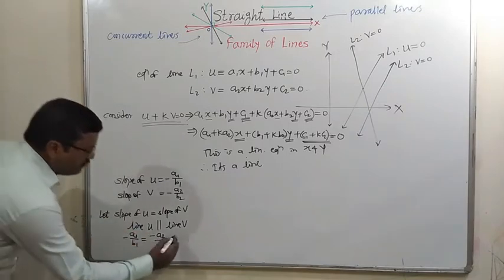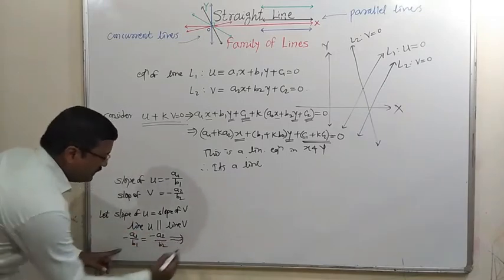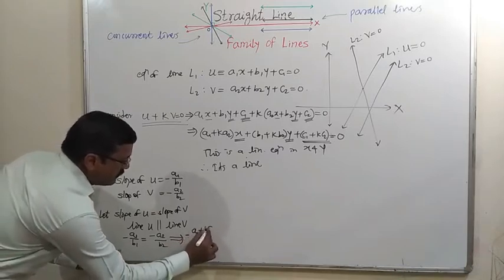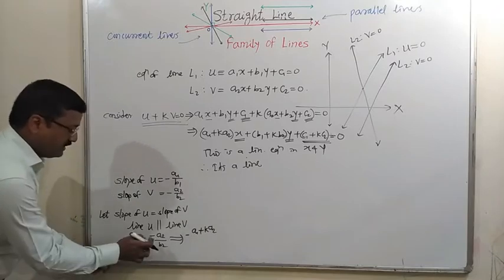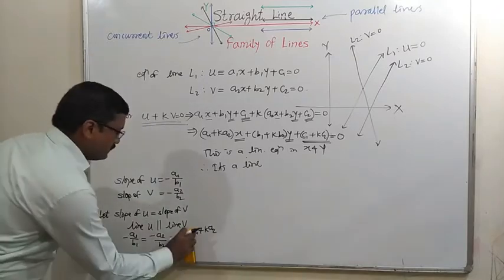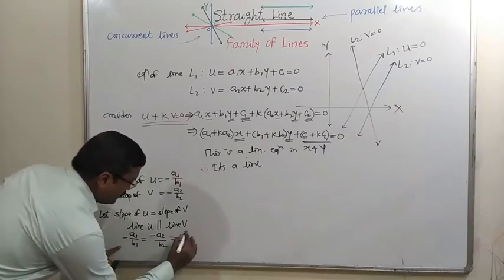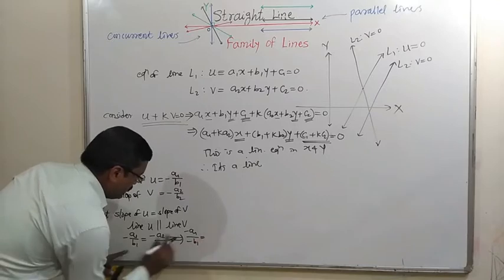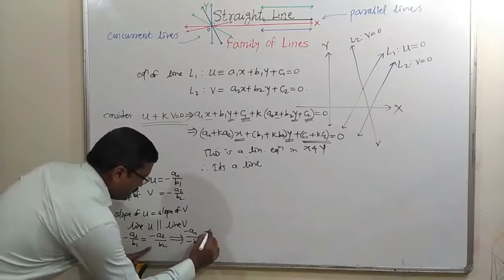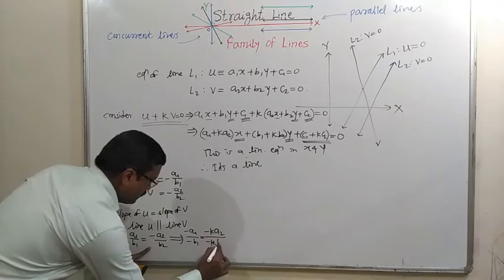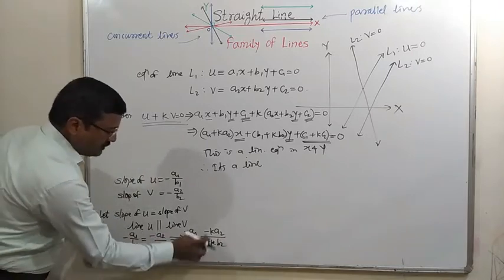So applying the property of equal ratios, we can write this as minus A1 upon minus B1 equal to minus kA2 upon minus kB2, multiplying numerator and denominator by k.